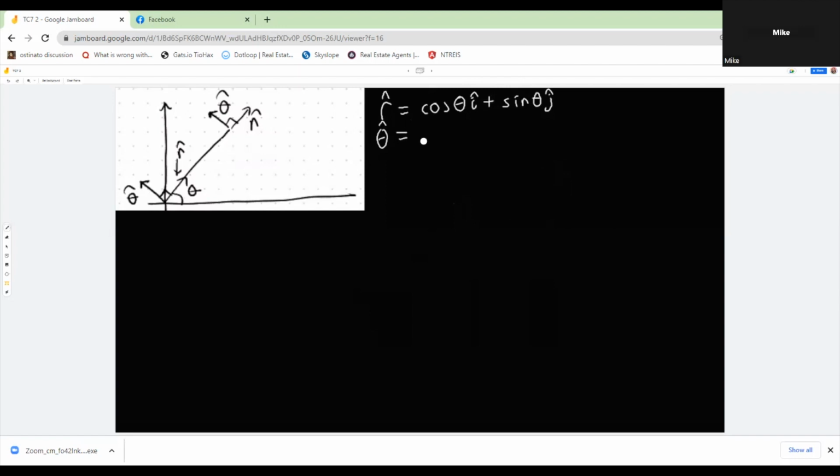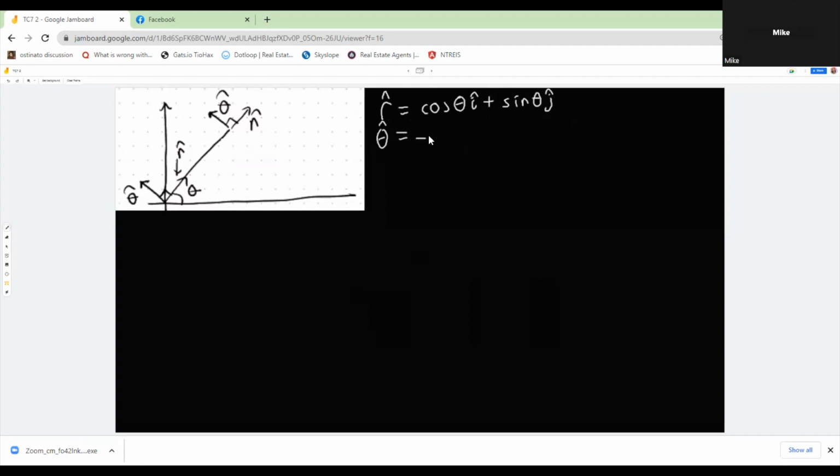Theta plus pi. Okay, so, cosine of theta plus pi over 2.